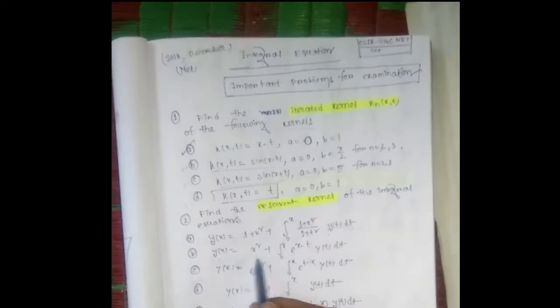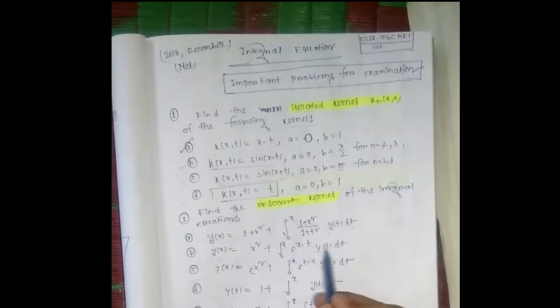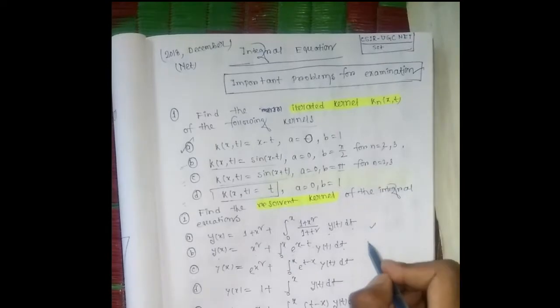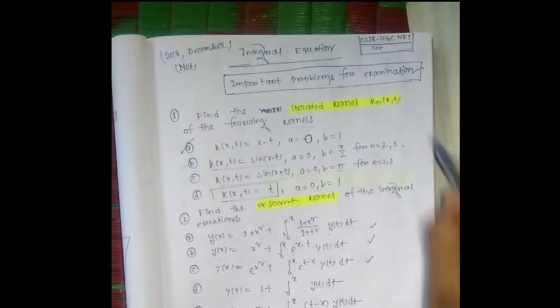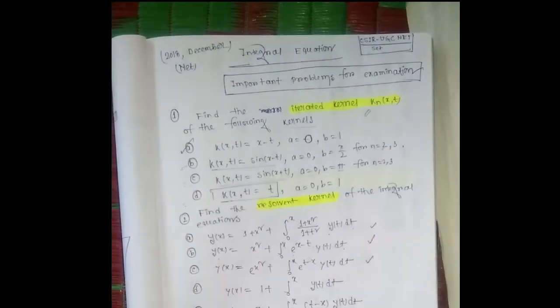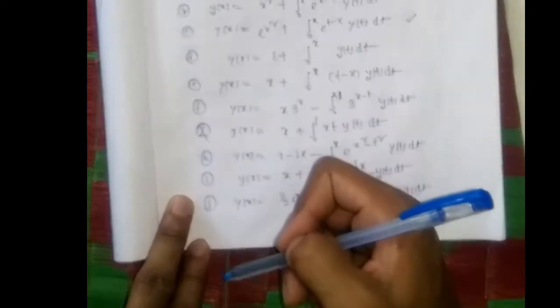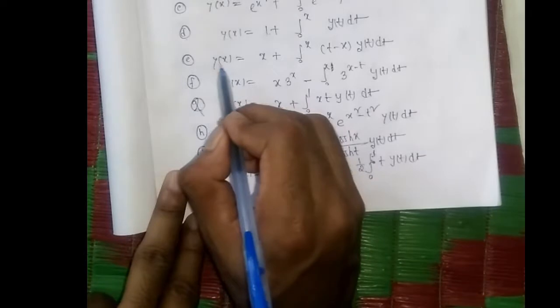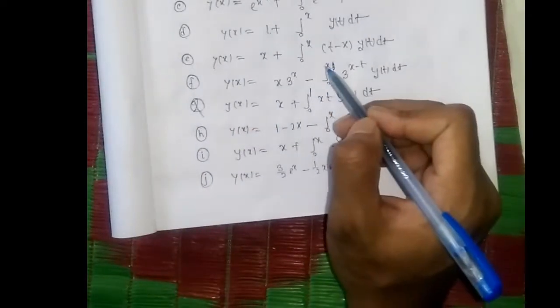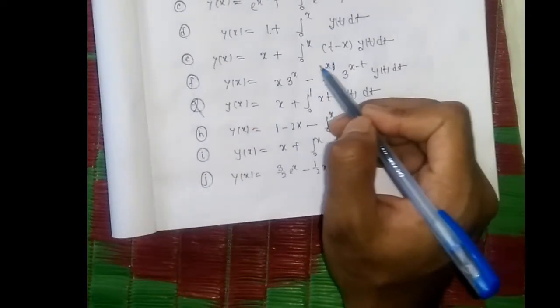Second option, y(x) equals x square plus the integral from 0 to x of e to the power x minus 2t y(t) dt. In each of the problems, first find the iterated kernels and then the resolvent kernel. Then option D is y(x) equals 1 plus the integral from 0 to x of y(t) dt. And option E is y(x) equals x plus the integral from 0 to x of (t minus x) y(t) dt.